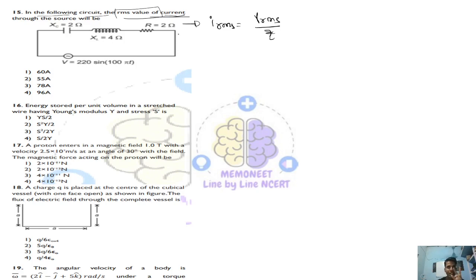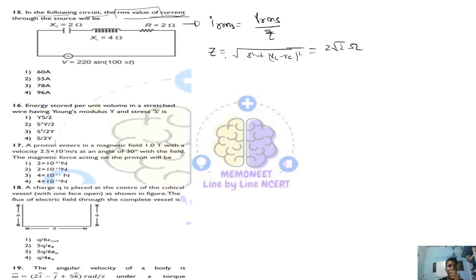It is an LCR series circuit. Z is equal to under root R square plus XL minus XC whole square. Once you calculate it out, Z comes out to be 2 root 2 ohm. I have already done it. It's simply calculation. My goal is to make you understand the concept and reasoning behind it.